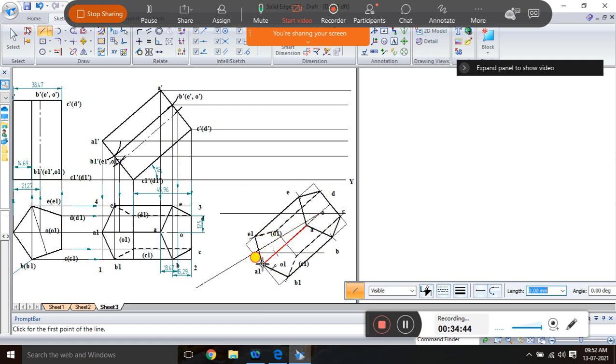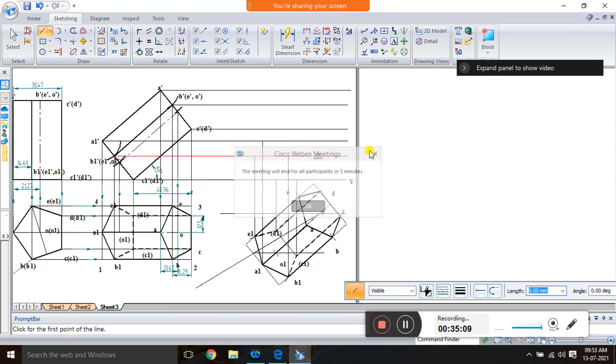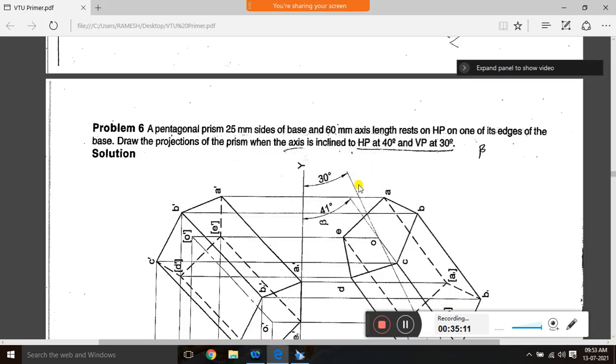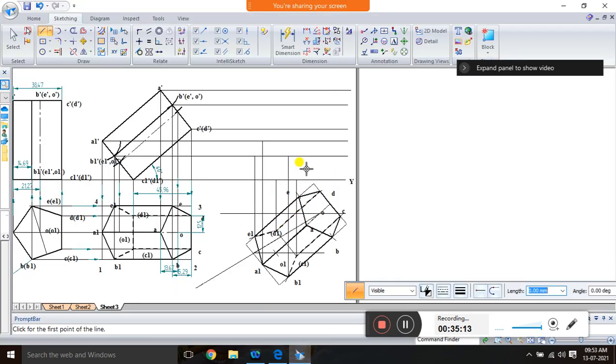So first you have to mark A1, and A1 is here, and B1. So B1 is here. C1 is here, D1, so D1 is here, and E1, so E1 is here. Okay, and you just go with the namings.